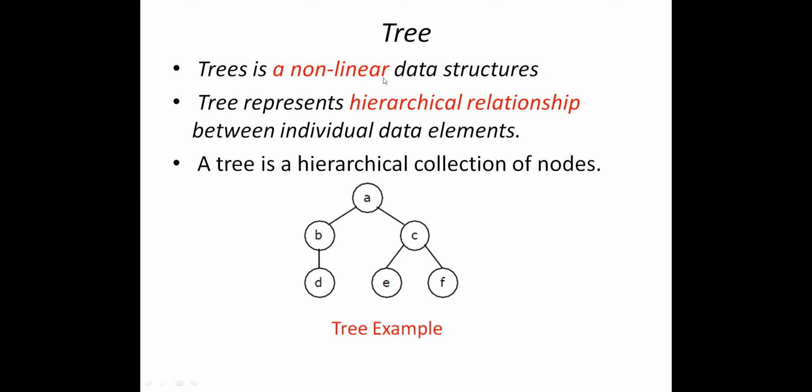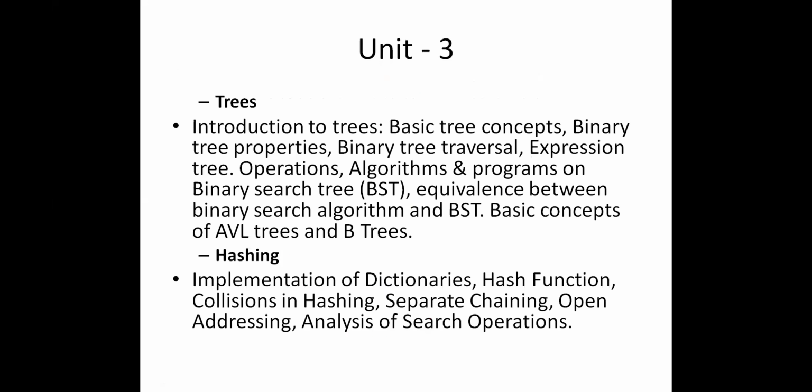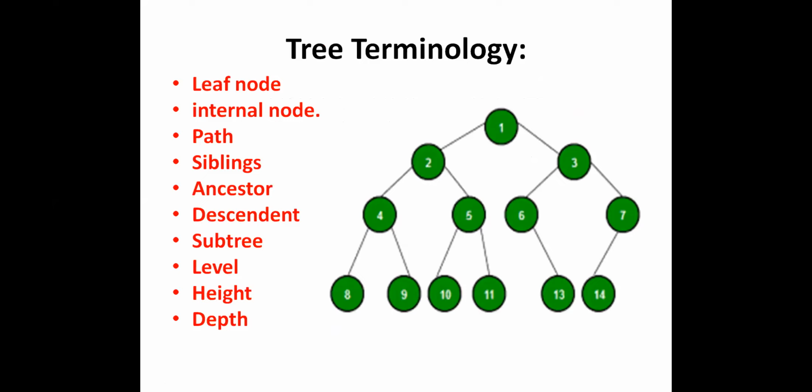We'll see the tree properties. This is an example of a tree. We'll see one by one what the properties of a tree are. A tree is a hierarchical collection of nodes. So it has some nodes. Now, tree terminologies.